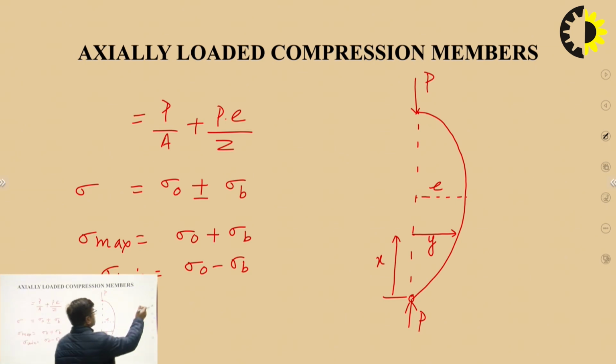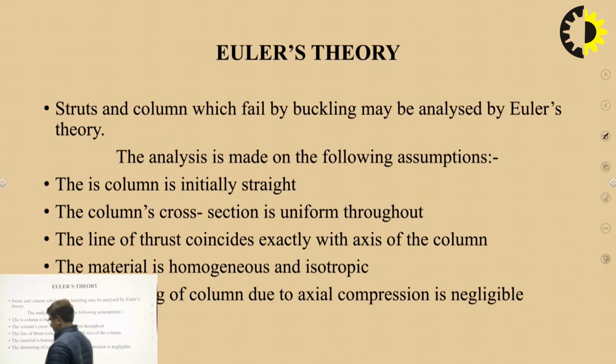Now come to Euler's theory, and this Euler's theory is for the very long columns. Here certain assumptions have been made by Euler for the long columns, and what are those assumptions?